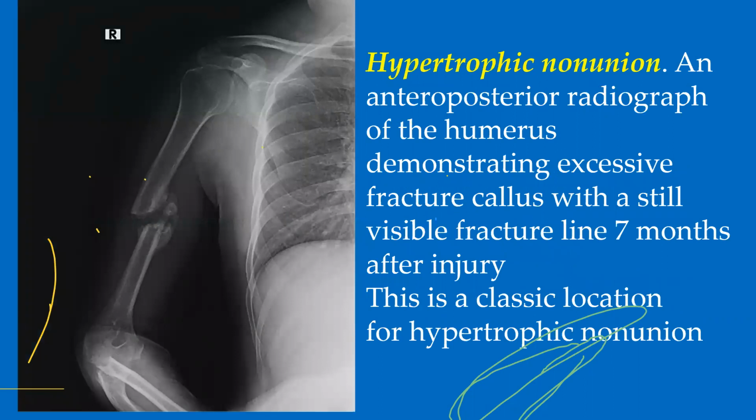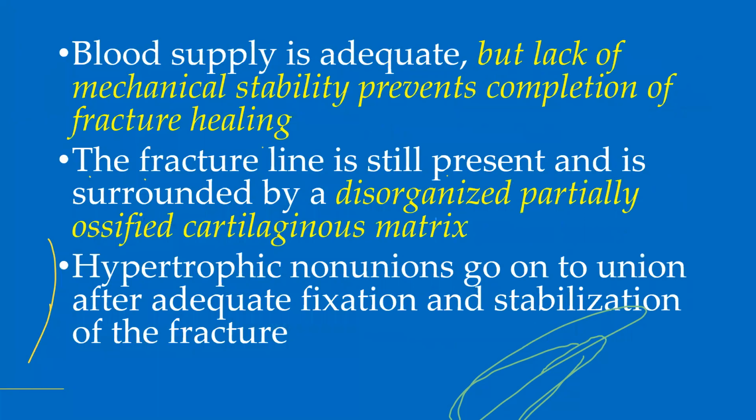You see that there is sufficient callus. This anterior posterior radiograph of the humerus demonstrates excessive fracture callus with a still visible fracture line 7 months after the injury. This is a classic location of hypertrophic non-union.